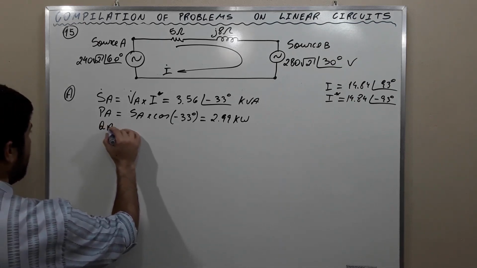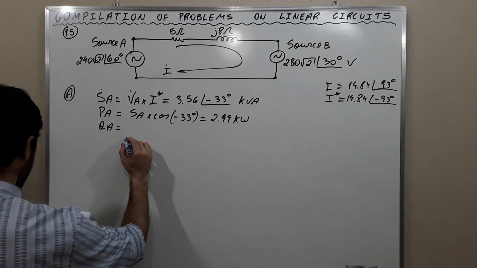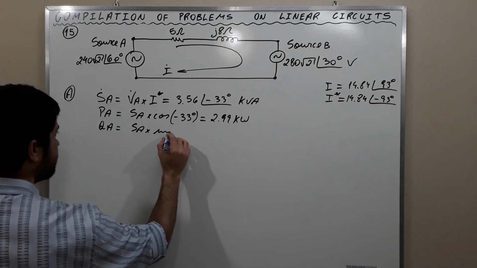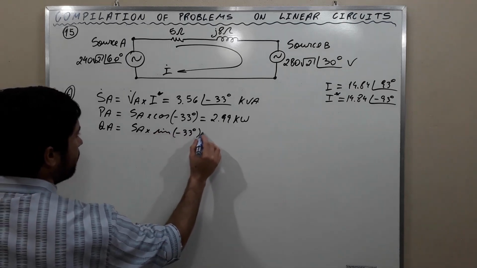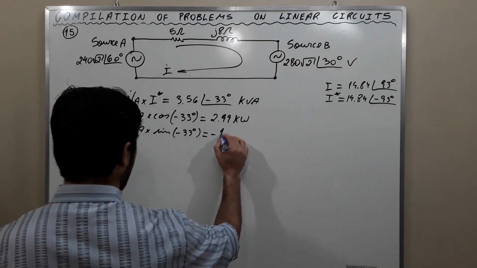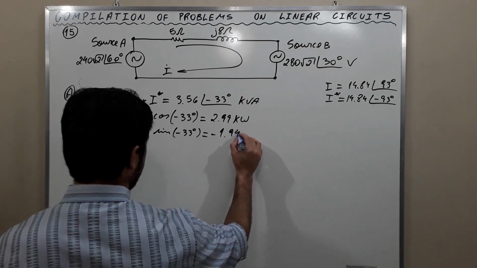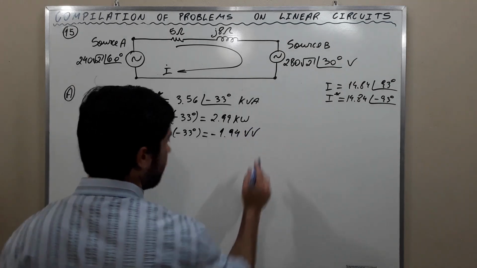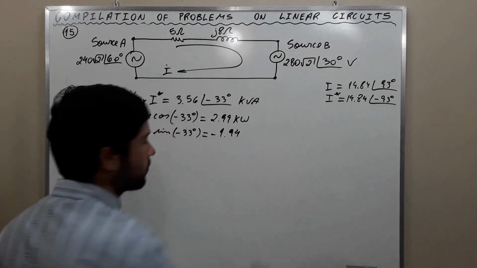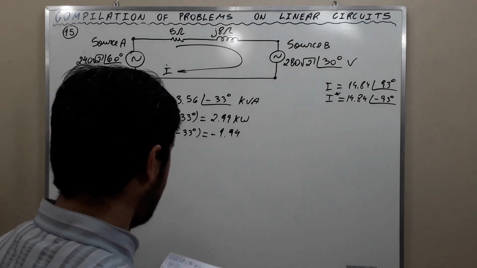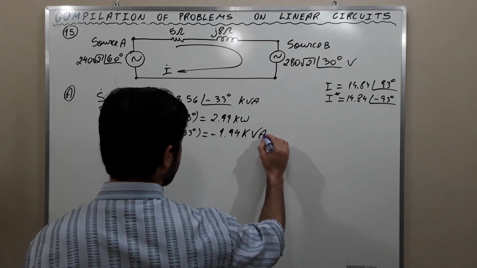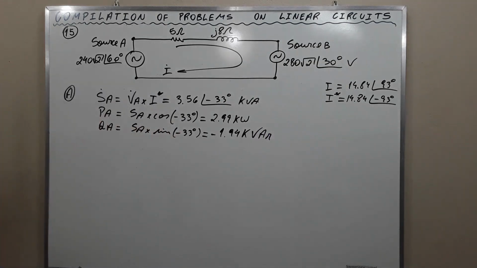QA is equal to the apparent power times the sine of negative 33 degrees, and this is equal to minus 1.94 kVAR, kilovolt ampere reactive.